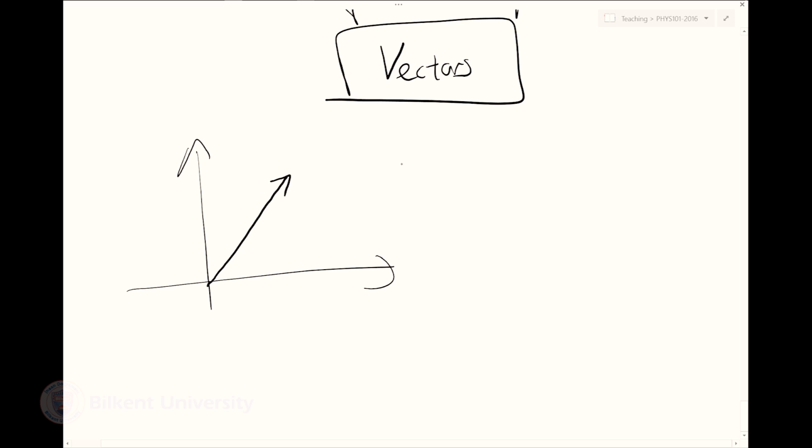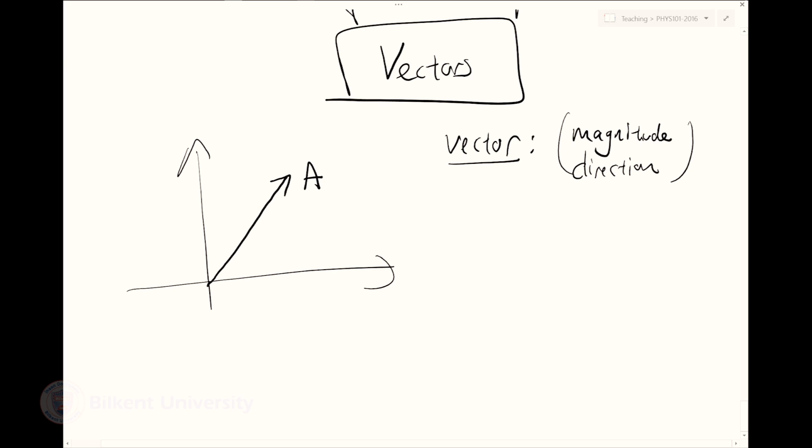Okay, so a vector has what we call magnitude, which actually means its length, and a direction. And whenever I have these mathematical objects, vectors, I'll put a small arrow sign onto the letters to denote vectors.